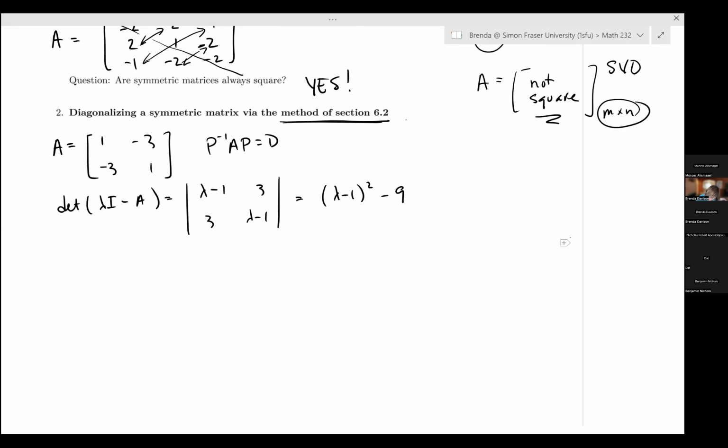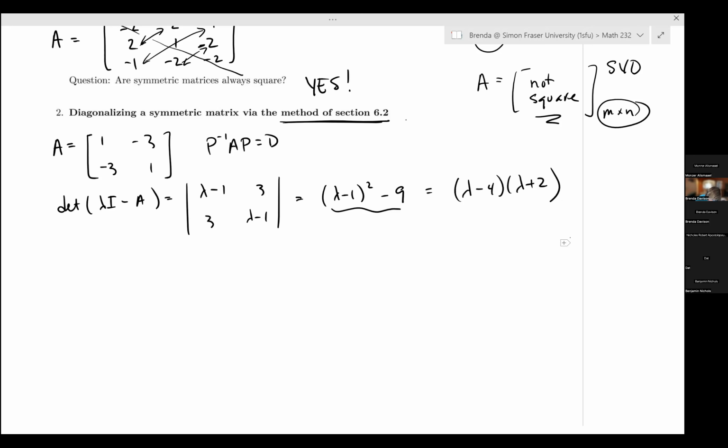Admittedly, there's a little bit of algebra here, so please check my algebra. But you expand this, combine the like terms, and then factor. We've done this numerous times. Clearly, this is something that you need to be able to do. Finding eigenvalues and eigenvectors is coming up in a lot of applications.